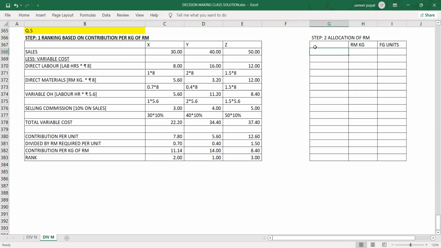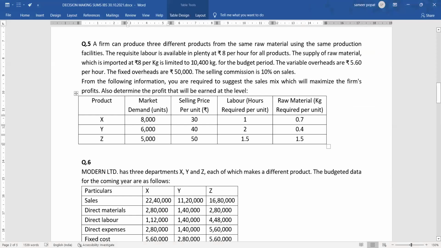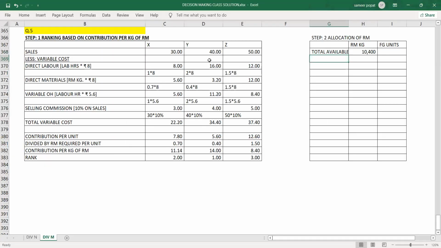Now, total available raw material is 10,400 kgs. That is given here. Okay. We'll first manufacture rank 1, that is product Y. Product Y, rank 1.